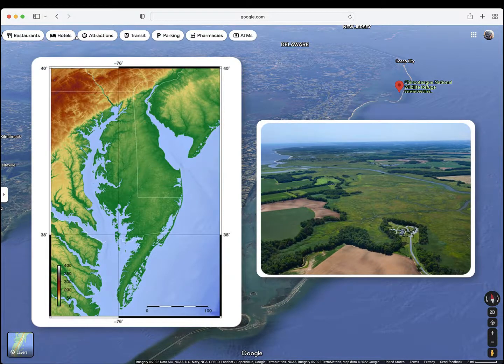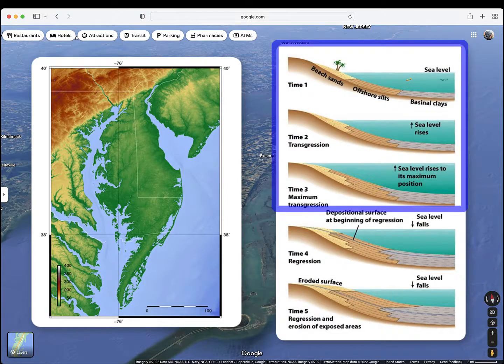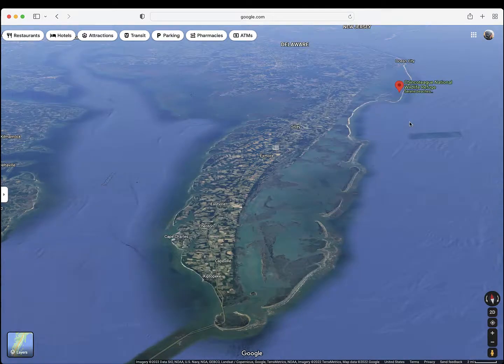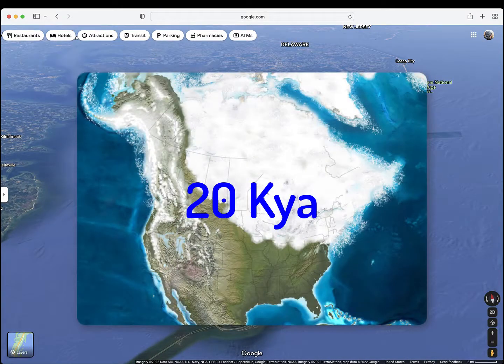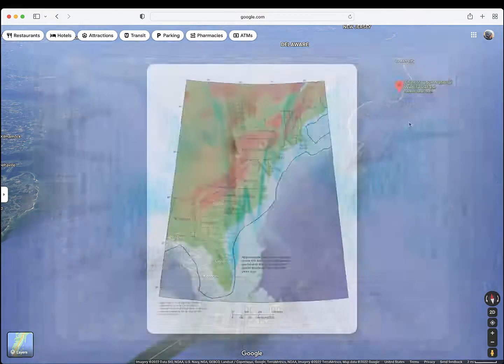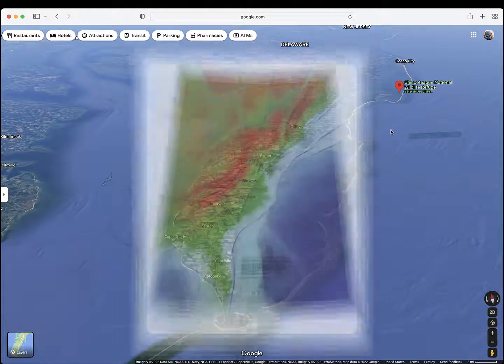Given its subdued topography, this entire region was subjected to dozens of marine transgressions and regressions that have occurred during the ongoing late Cenozoic Ice Age. During the most recent of the Pleistocene glaciations, sea level was hundreds of feet lower, with the shoreline much farther east near the edge of the continental shelf.